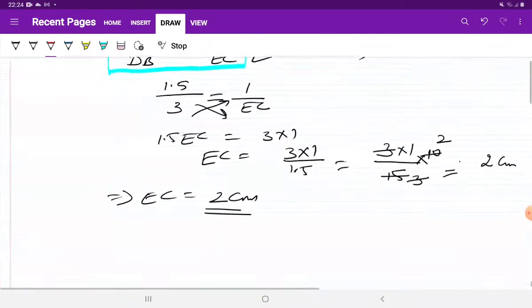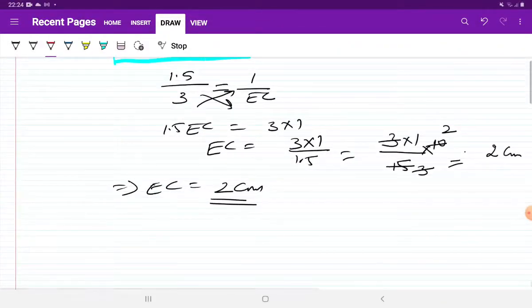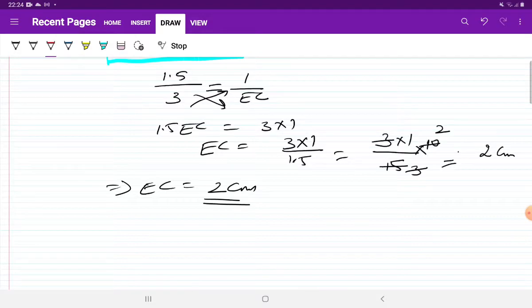Okay. So this way you can apply Thales theorem. Got it? Related to this question, I am giving you a second part, in which AD side is given, DB side is given, AE side is given, and EC you have to find. Or you can say that AD you have to find, and the other 3 sides are given. Both are same.